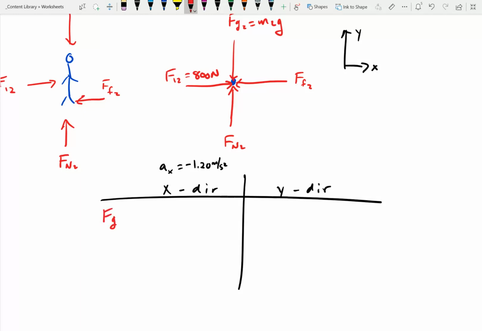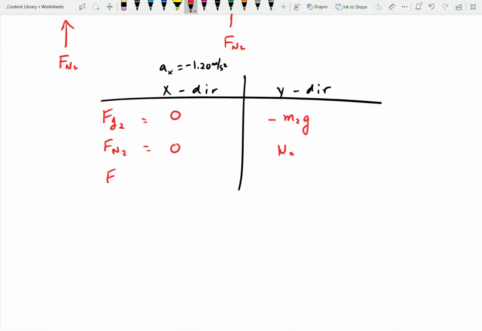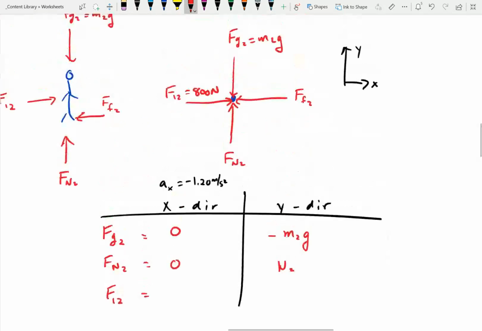Force gravity 2 in the x direction is equal to 0, because gravity's in the y direction, minus m2g in the y direction. Force normal 2 in the x direction is 0, and in the y direction, it's normal 2, whatever that turns out to be. And then force of 1 on 2 is equal to plus a this time, because the force applied is going to the right.